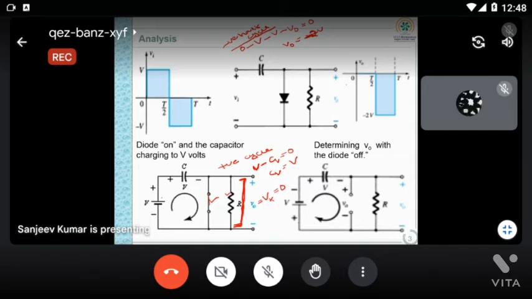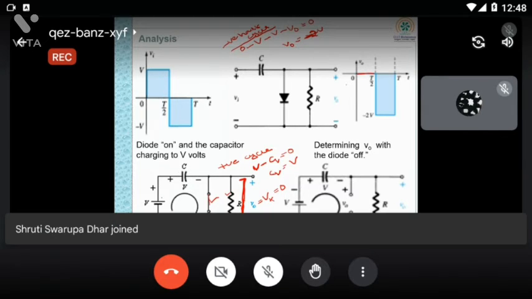Yes, sir. So now you can see across the diode, what is the voltage? It is equal to 0 volt, for an ideal diode. If I am taking a silicon diode, then 0.7 volt. But here this is taken as an ideal diode, so that's why it is 0. From the exam point of view, if it is given as silicon diode, then you can take 0.7 volt.